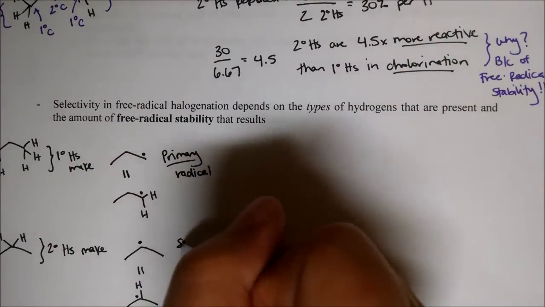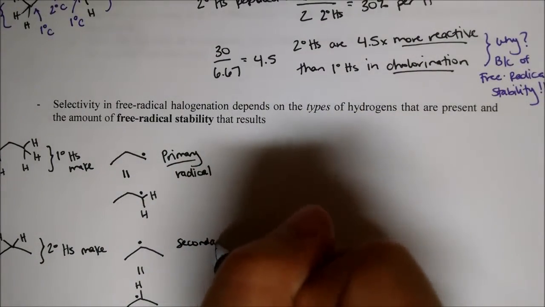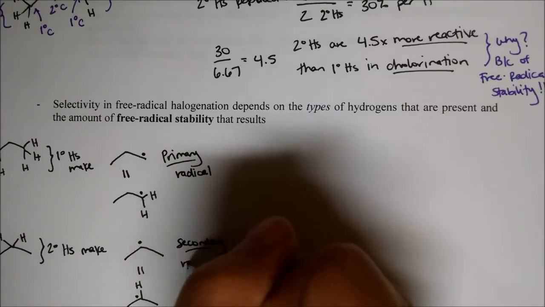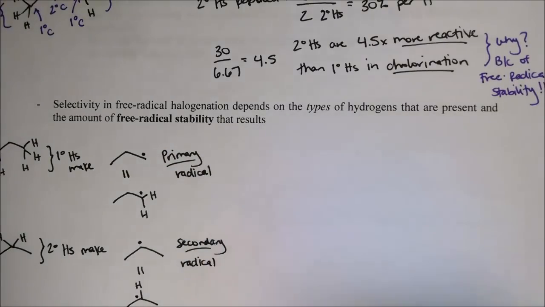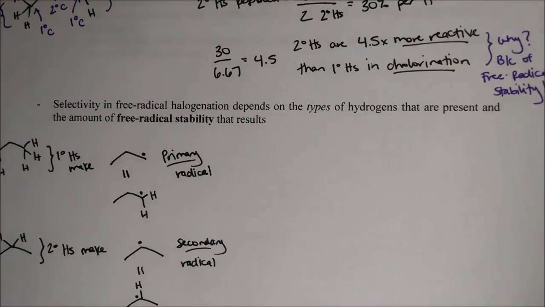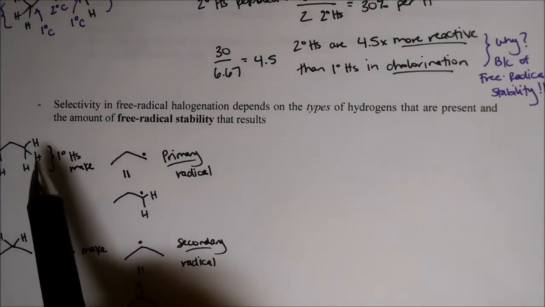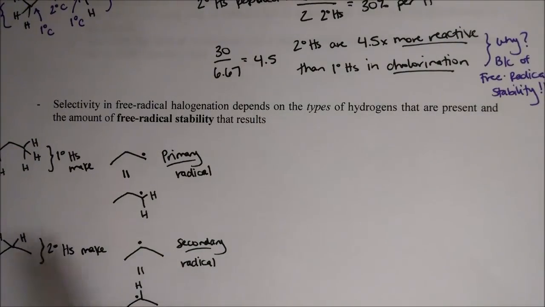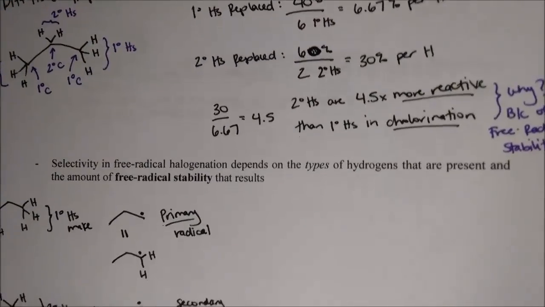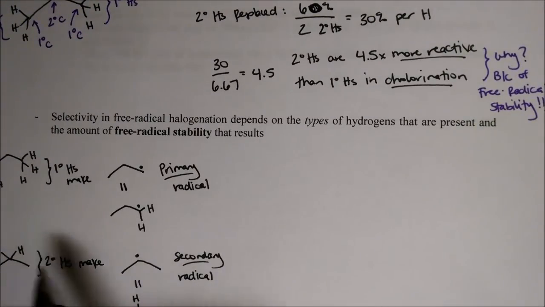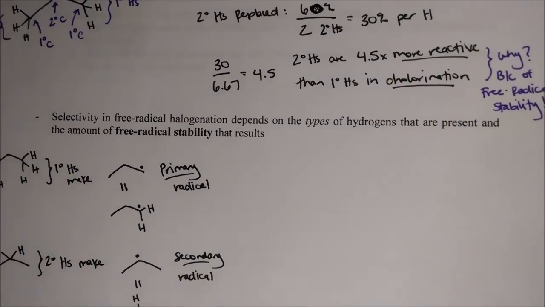And yes, this is a secondary radical. So those are our only 2 options. Those are the only 2 types of hydrogens in propane. So chlorine dot can either react with those primary hydrogens or it can react with the secondary hydrogens. So why does it prefer to react with the secondary hydrogens? Why does it prefer to make the secondary radical?